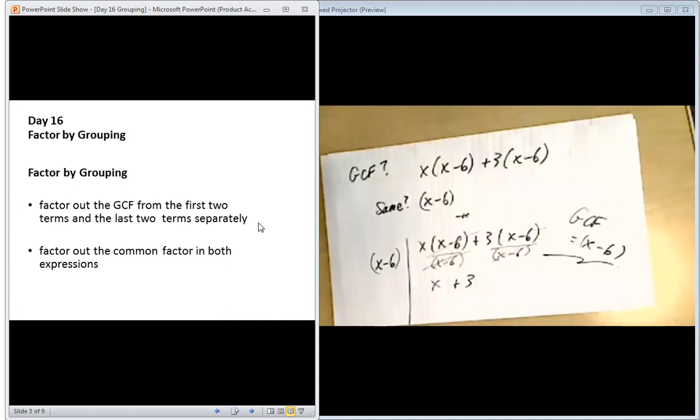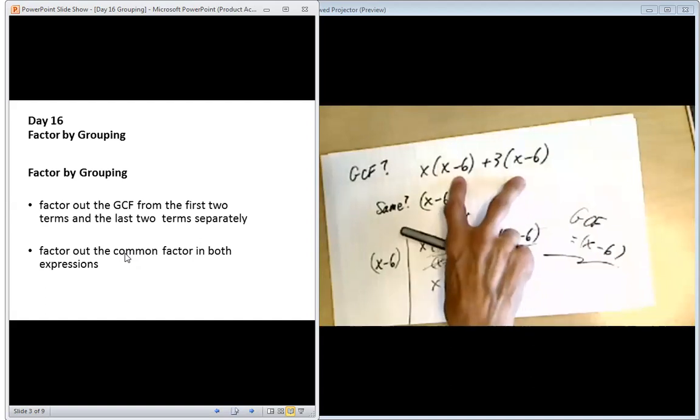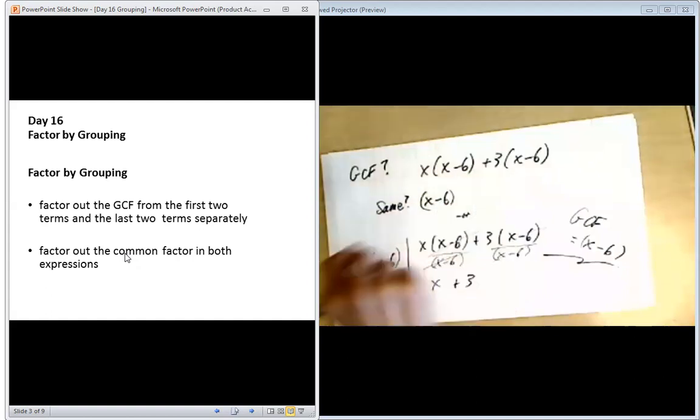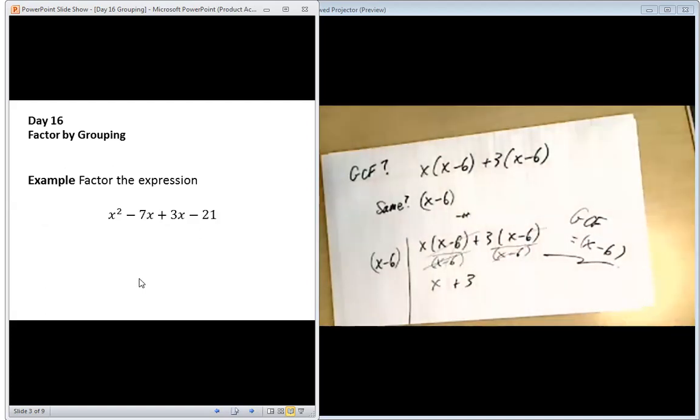And what we're going to do is take the GCF from the first 2 and then the GCF from the last 2. Okay, and the second step, honestly, it's just going to end up looking like kind of like this at the very end. Okay, so let's do these so you can see what this process looks like here.